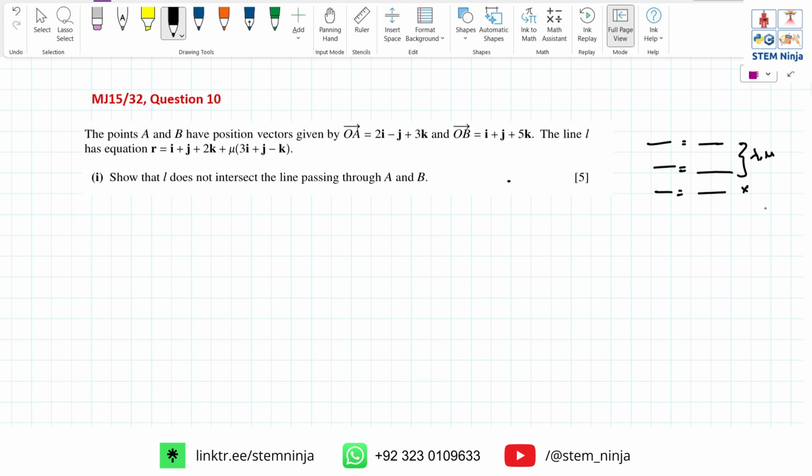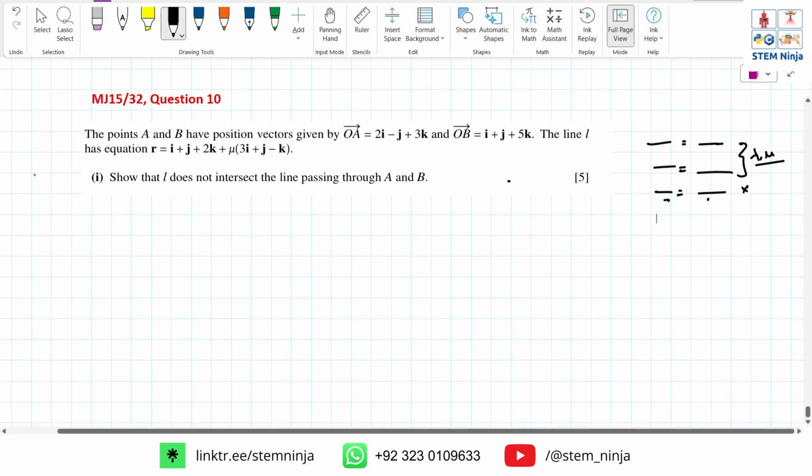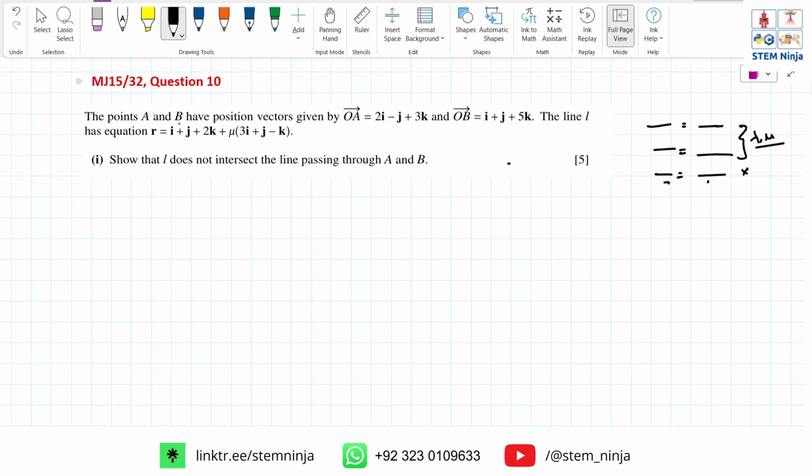So this is the difference between the lines intersecting and the lines not intersecting. If we get lambda and mu, and the third component, both sides are equal, that means the lines intersect. If both sides do not match, that means the lines do not intersect. So let's put this into practice.